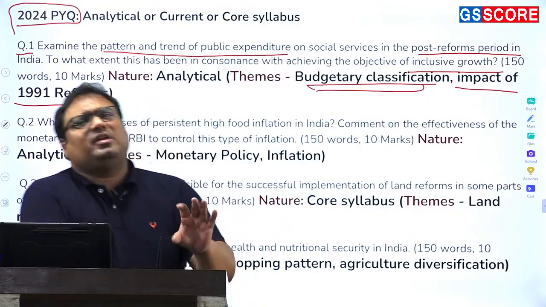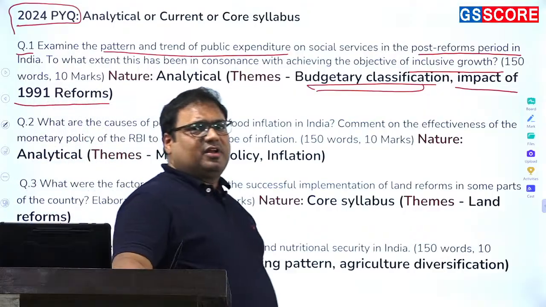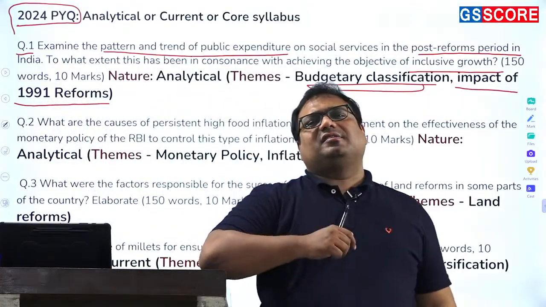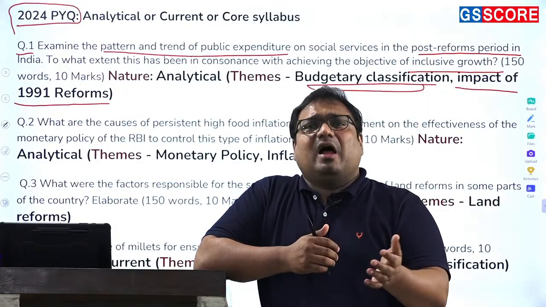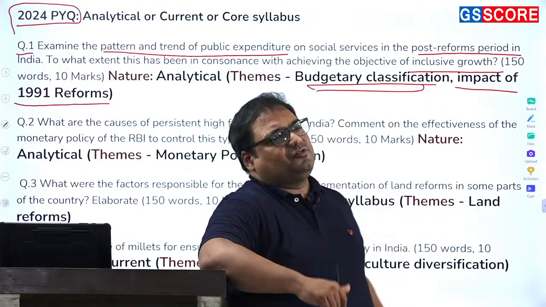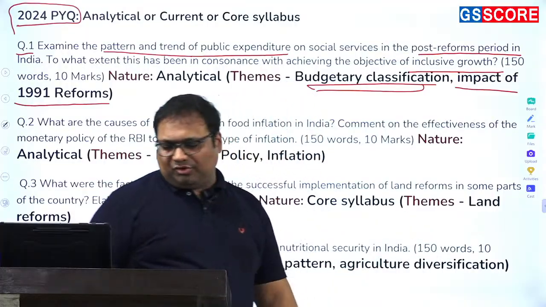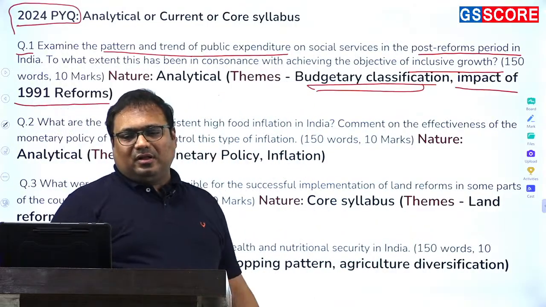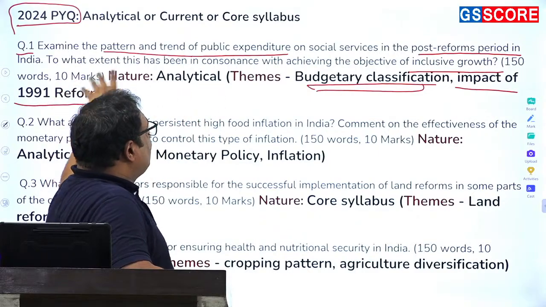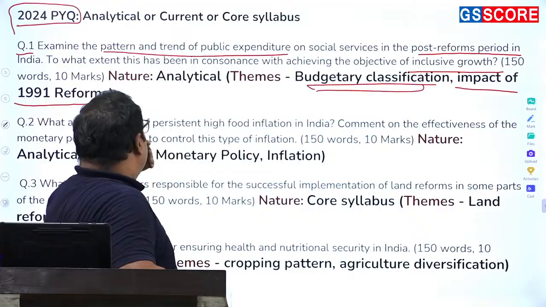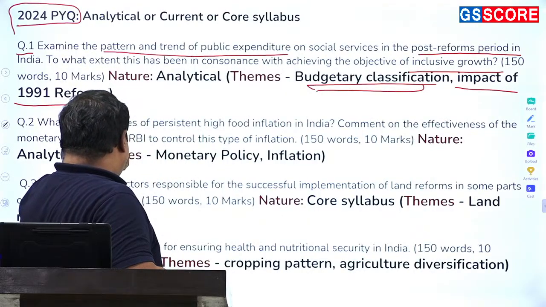That is itself a part of the budgetary classification. So, how the government earns money, from which sources the government is going to earn money, and how over time this has changed, how over time certain sources have become more relevant than others. I hope this is clear. Okay. Similarly, as I told you, this is related to the impact of the 1991 reforms as well.